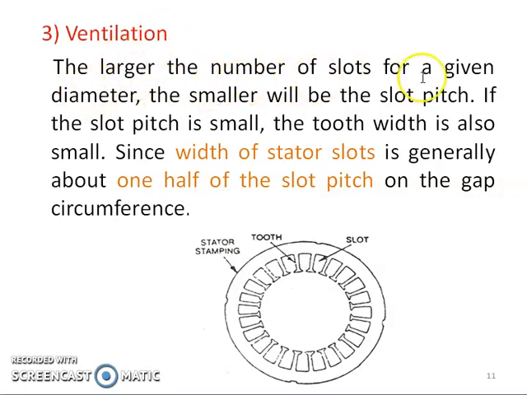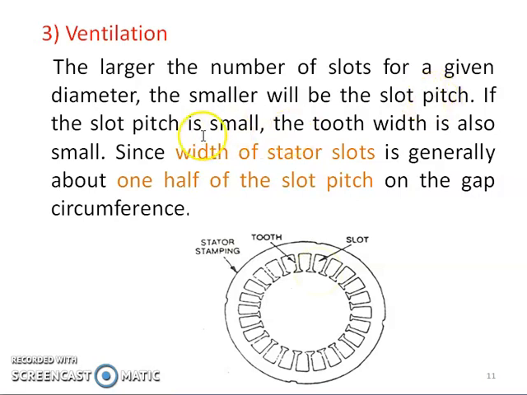The larger the number of slots for a given diameter, the smaller will be the slot pitch. Then what is slot pitch? It is the center to center distance between two consecutive slots. And when more slots are chosen, slot pitch decreases.